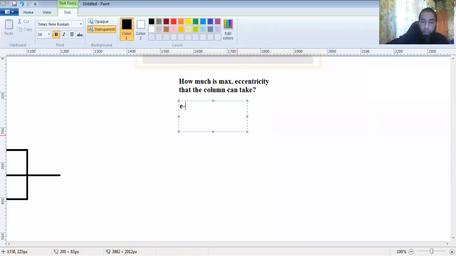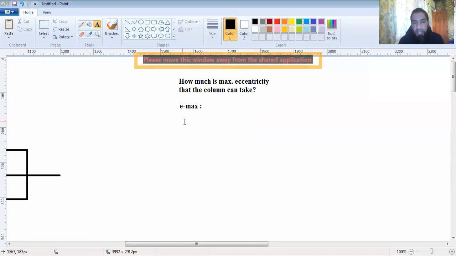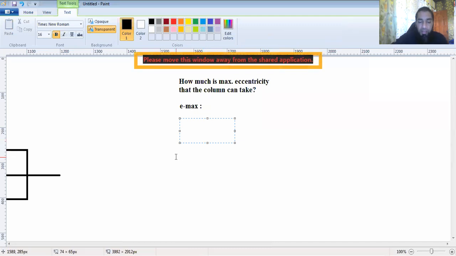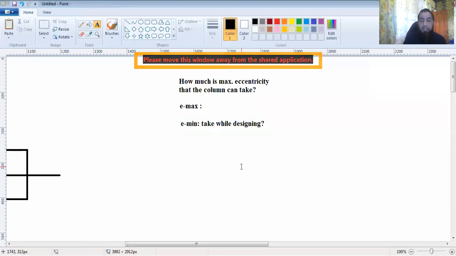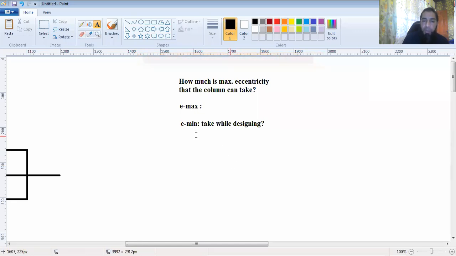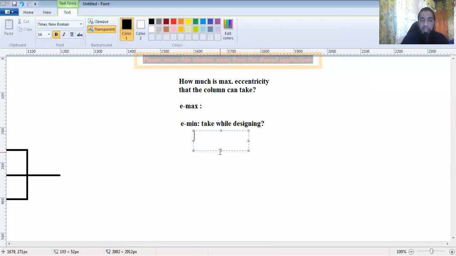Now, what specifies the maximum eccentricity? Similarly, codes mention minimum eccentricity as well, that you have to take while designing. Why is that needed? You would say minimum eccentricity for a concentric column could be 0. Why do we still need a minimum eccentricity?